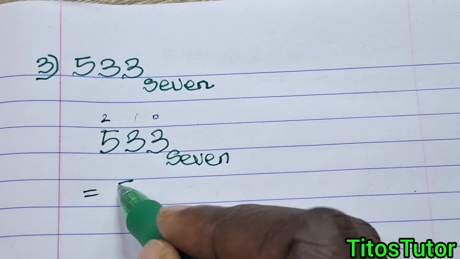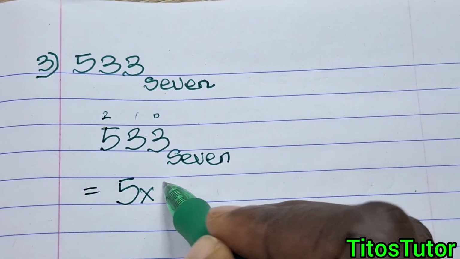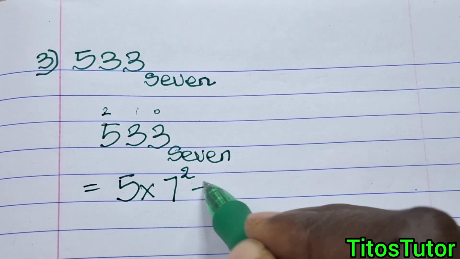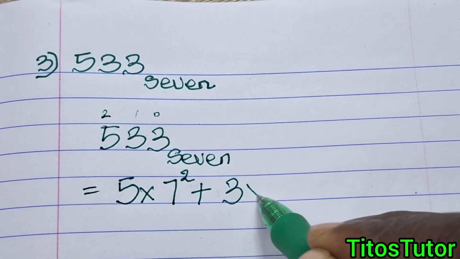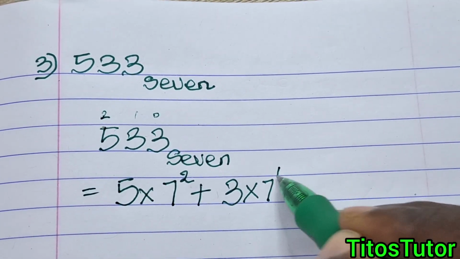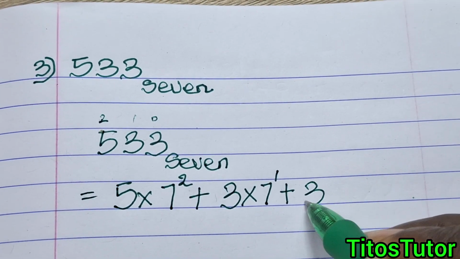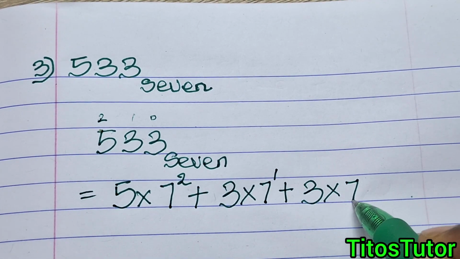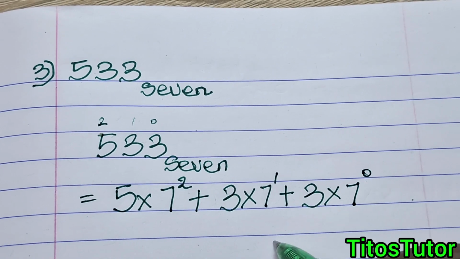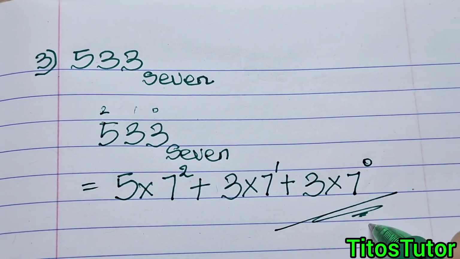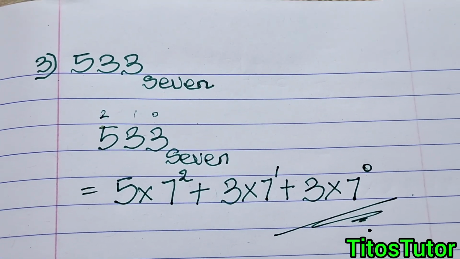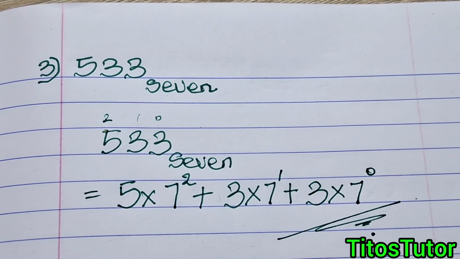This is the same as 5 times 7 raised to the power of 2 plus 3 times 7 raised to the power of 1 plus 3 times 7 raised to the power of 0. And I have expanded. These are numbers in other bases.